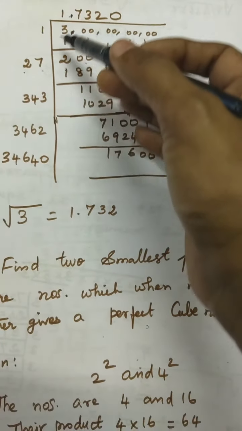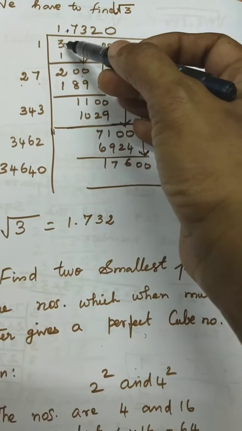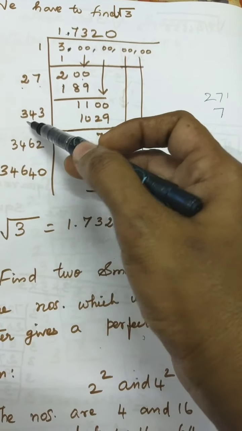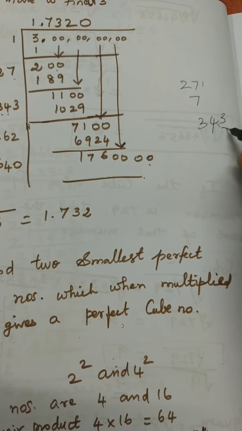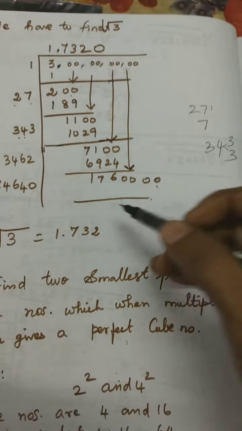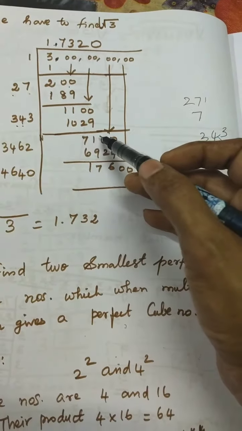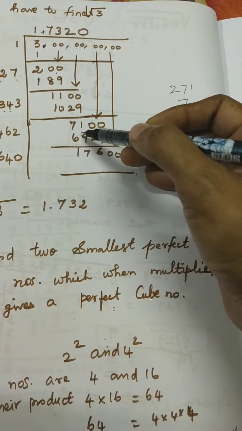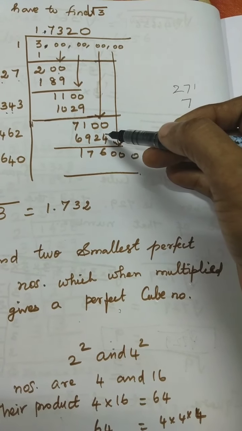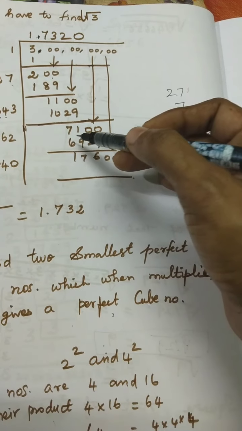Now you have to multiply this 17 by 2. That is 17 2's are 34. With 34, we are multiplying 3, 3. Then it will come as 1029. Next, you subtract, that is 71. So bring down 2 zeros, then it will be 7100.